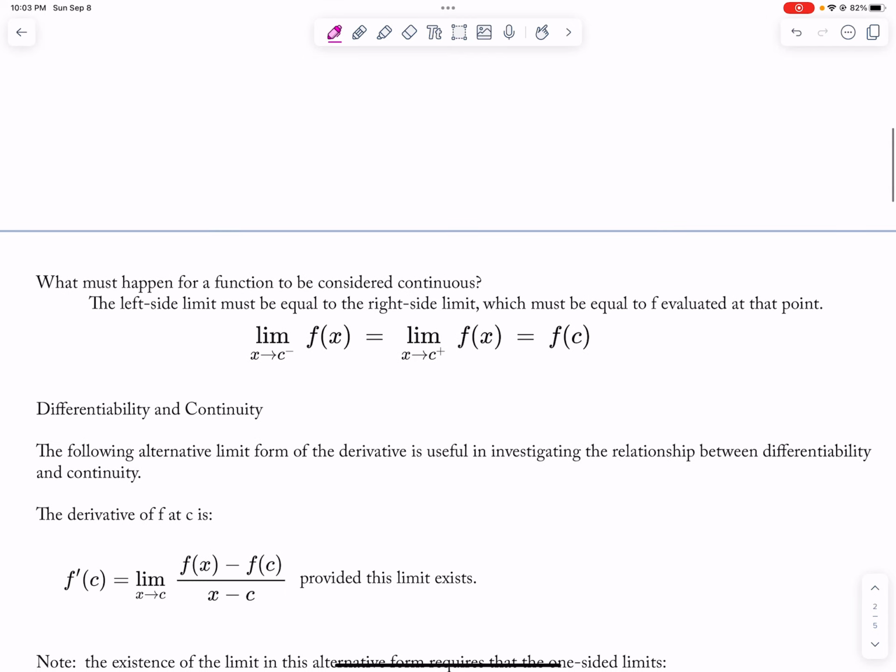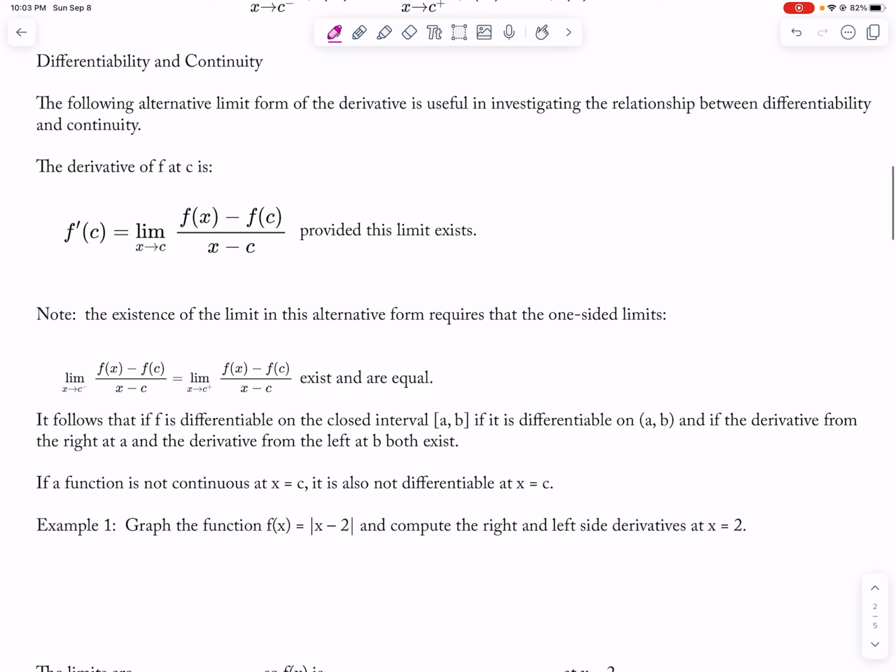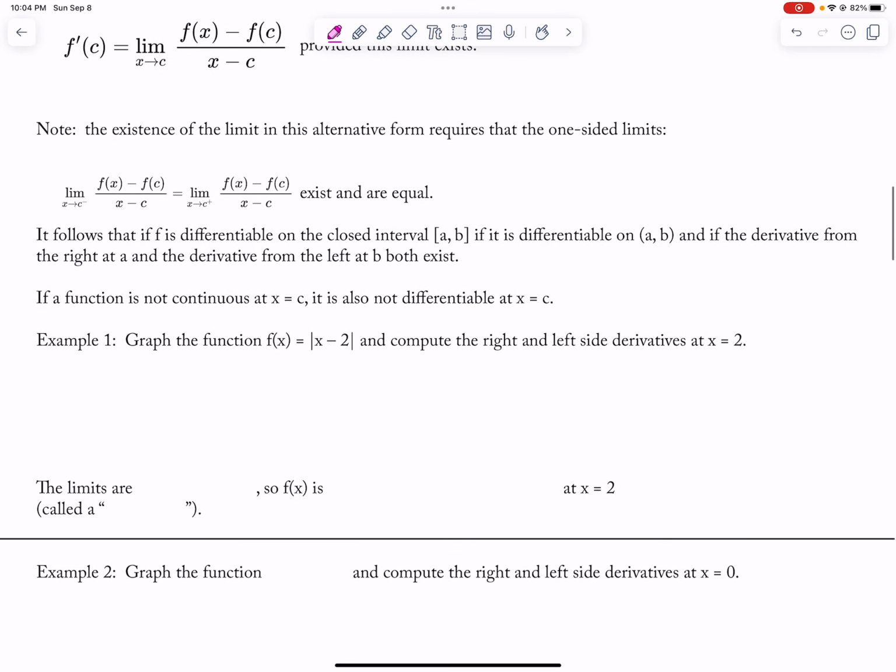Then there's derivatives and where derivatives do not exist. Derivatives do not exist at corners, cusps, and discontinuities. Okay, what does that actually mean? At the end of the day, I can compute these derivatives by the limit definition, but ultimately what you need to be able to identify is that anytime I have an absolute value at the vertex, it is not differentiable.